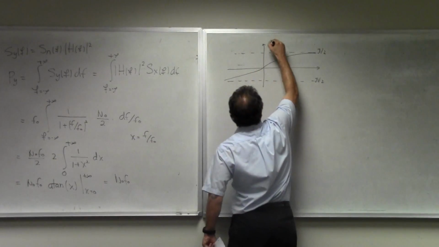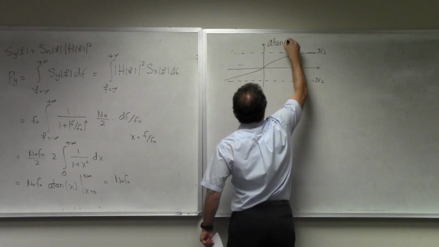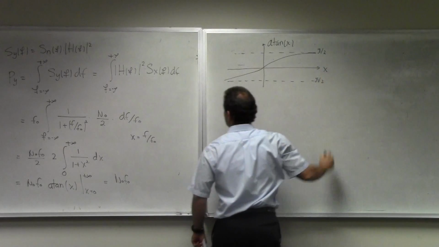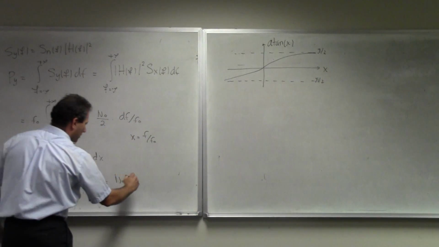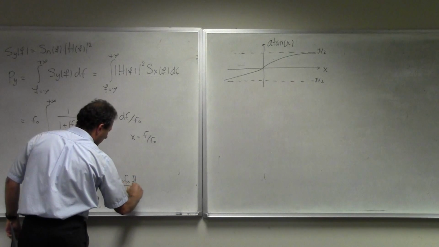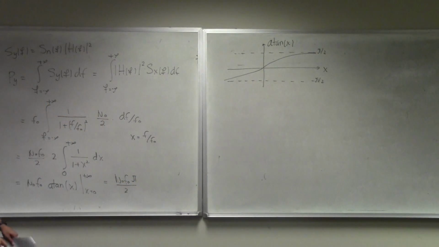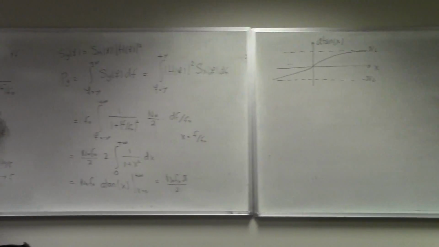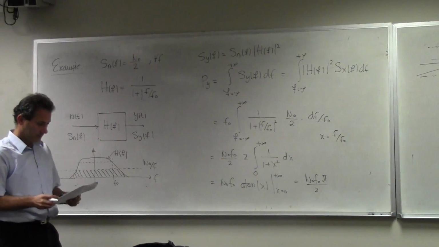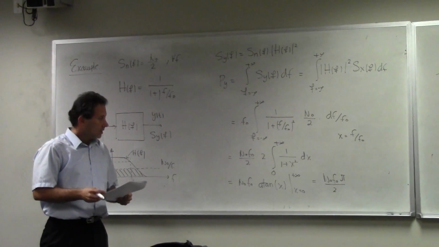But it's an odd function, right? So now the arctangent of plus infinity is pi over 2, and the arctangent of 0 is 0. So this is the power at the output associated with this signal y of t. Any questions?